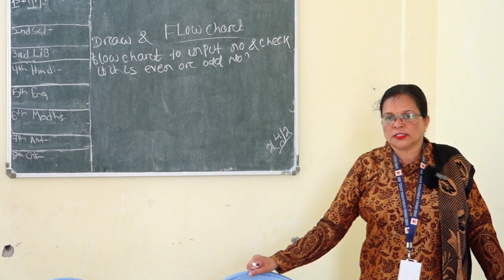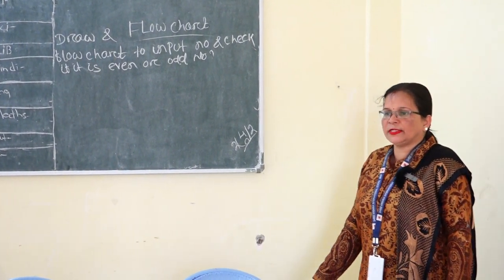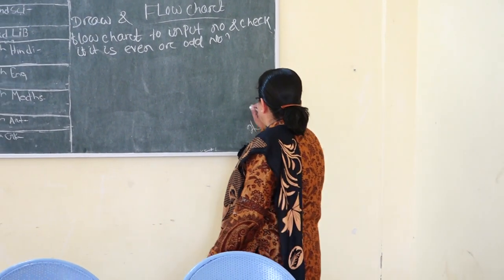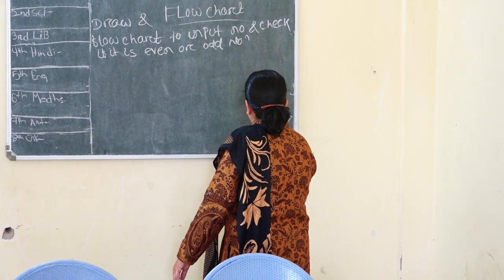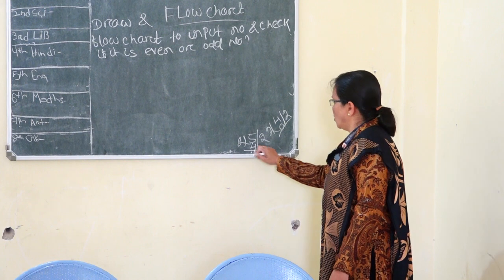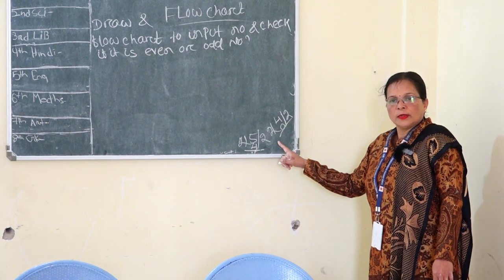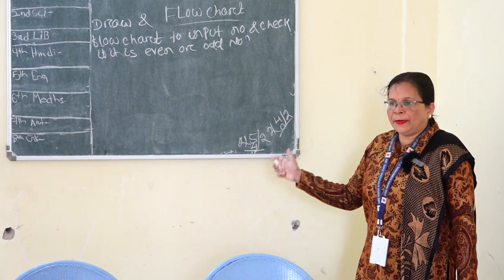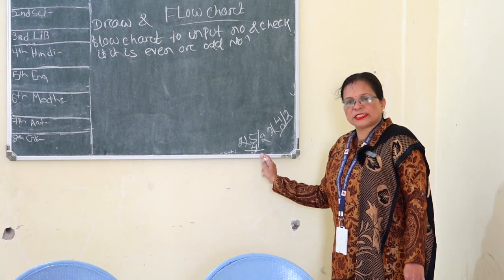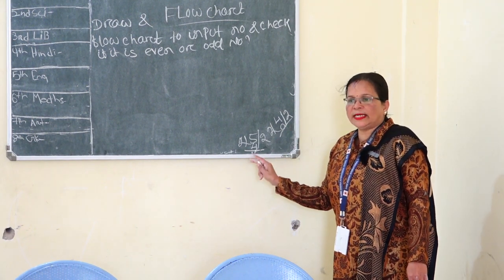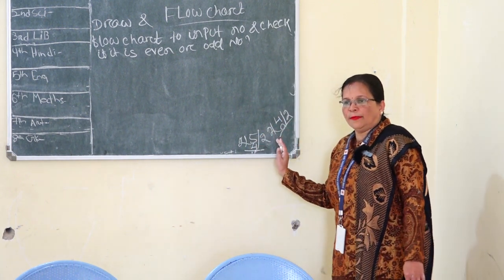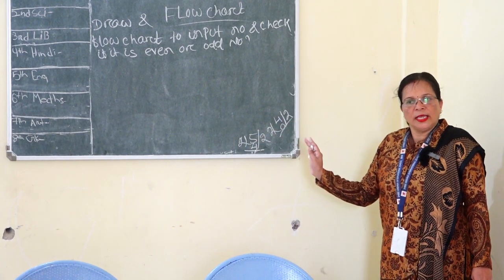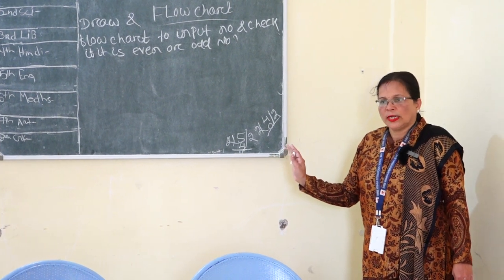An odd number means a number which is not divisible by 2. 5 divided by 2, the remainder will be 1. But 4 divided by 2 is even, because the remainder is always 0. Now clear?